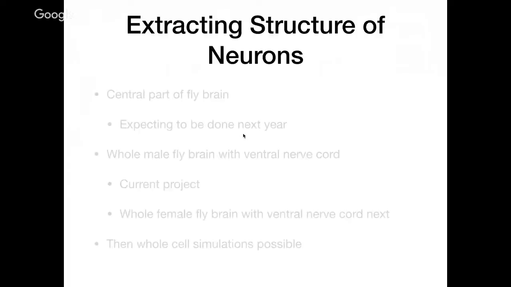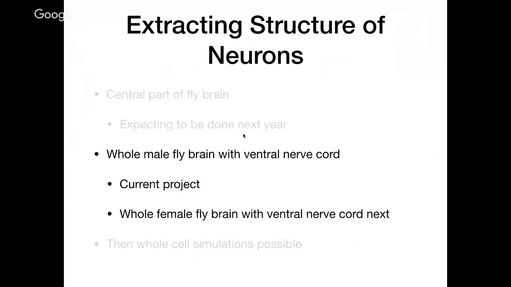Finally, one of the more exciting things about the Connectome project in terms of neuron geometry is that the central part of the fly brain is expected to be done pretty soon. It's quite exciting that we're getting closer each year to having the whole fly brain uploaded onto a computer.